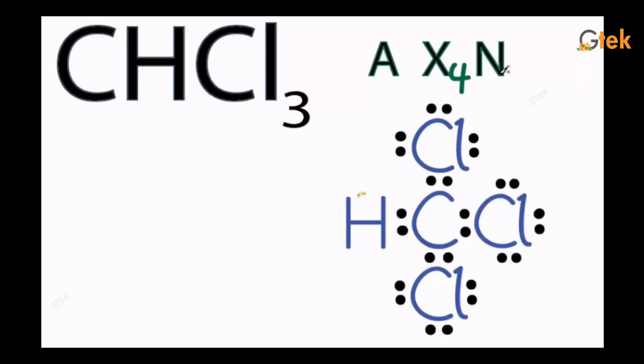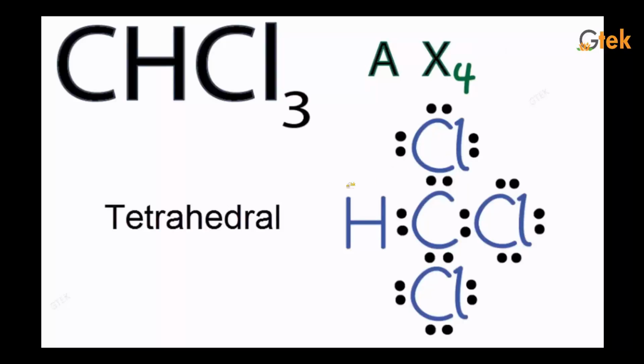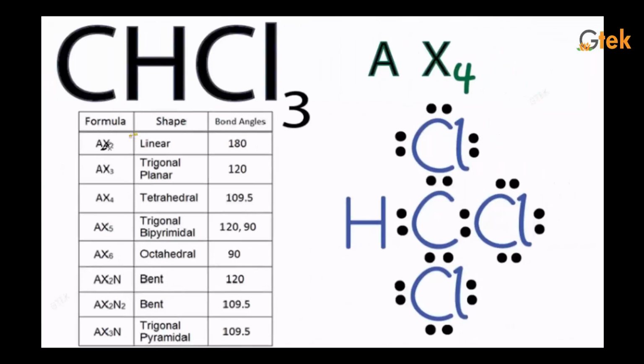Based on the arrangement of the number of atoms, the structure of the molecule is determined. Here are the formula, the shape and the bond angles. Since I have AX4, it will become tetrahedral with 109.5 degrees as the bond angle.